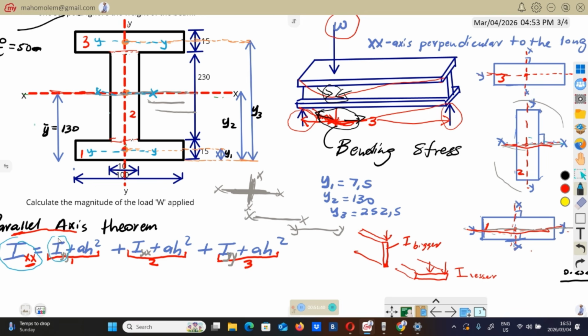So this one is the I for this box. This I that you see here is I for this box. This I that you see here is I for this box. So now let's find those I values for these individual boxes.